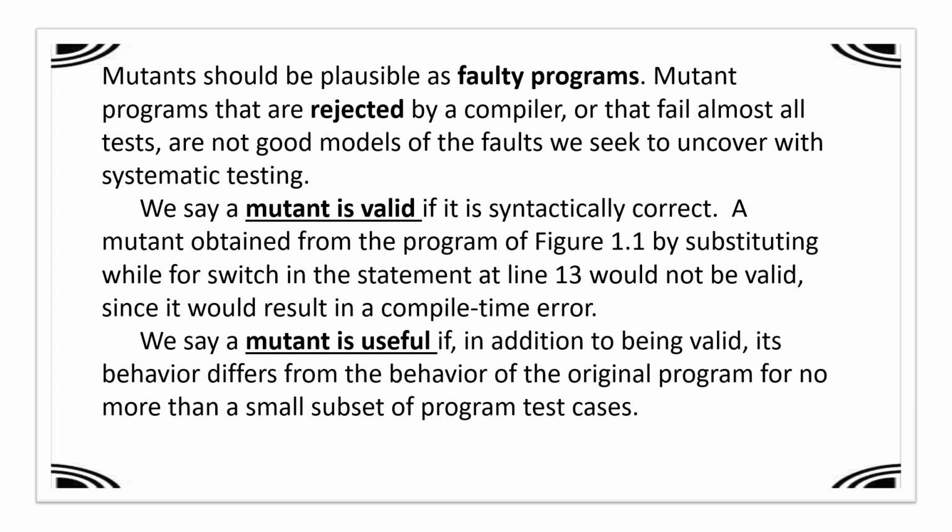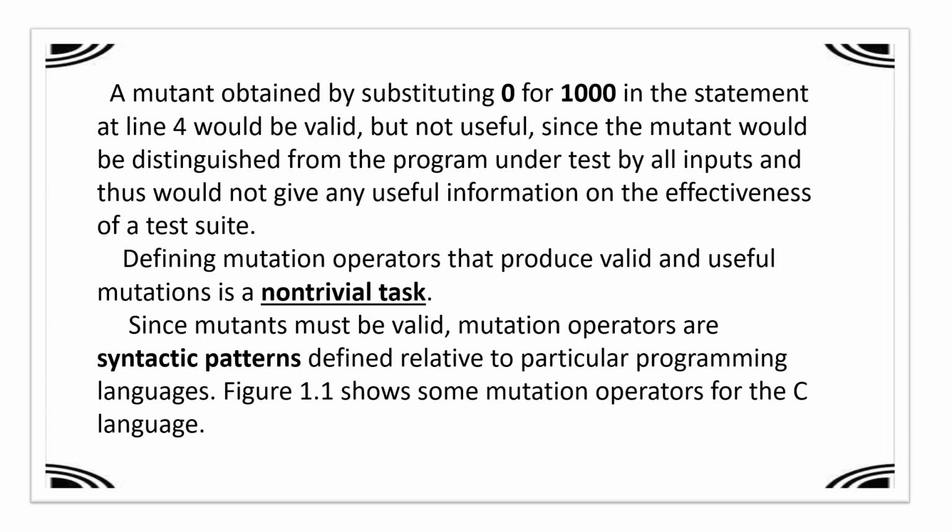We say a mutant is useful only if, in addition to being valid, its behavior differs from the behavior of the original program for no more than a small subset of program test cases.